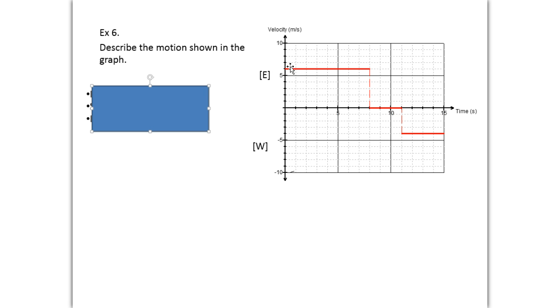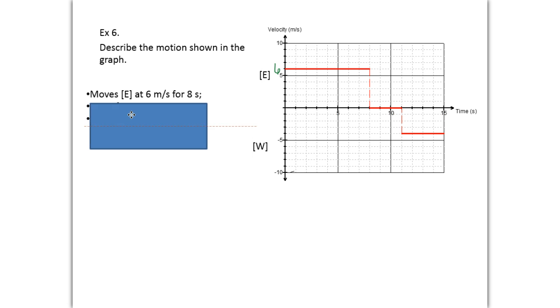If we consider velocity, the velocity is constant. It's 6 meters per second, and it holds that velocity for 5, 6, 7, 8 seconds. So the object moves at 6 meters per second for 8 seconds, and moves to the east.